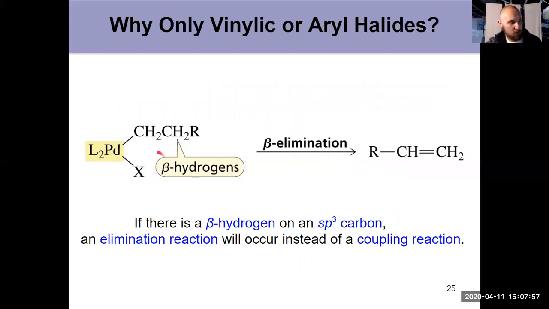Right? Notice over here, my alpha carbon, my beta carbon. My beta carbon has hydrogen. Okay, no dice, right? It undergoes what's known as a beta elimination. We've seen that before. It forms an alkene, and I haven't formed a new carbon-carbon bond. So you can't have beta hydrogens with your organopalladiums. Make sure you're looking out for that. Vinylic and aryl halides only.